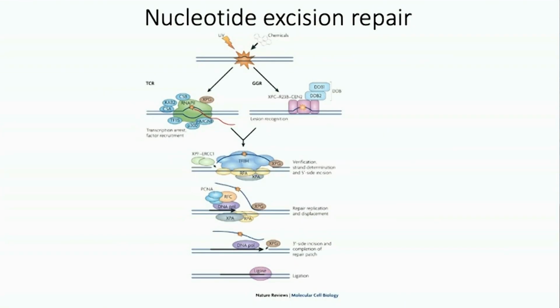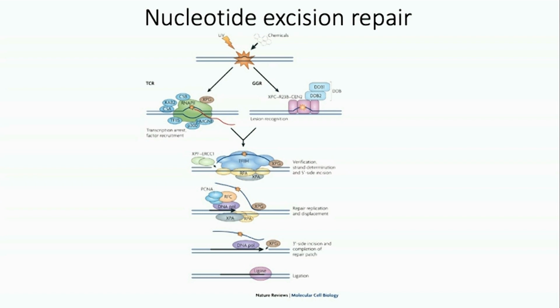So another system is nucleotide excision repair, and what's important is that there are two subpathways. The subpathways differ in how the lesion is detected. The first branch is global. When the lesion is detected by systems working all over the genome, this is called global genome repair.